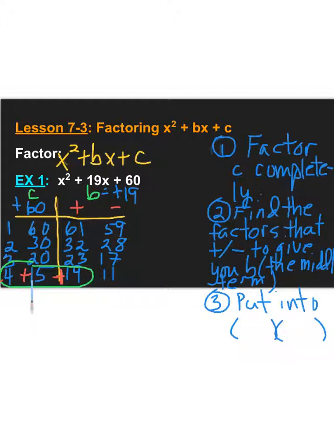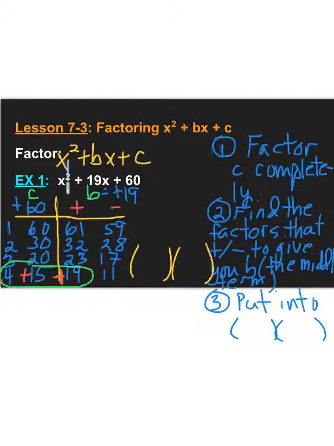Now there is a shortcut, and this is our shortcut. Normally from here we'd have to do some factor by grouping, but anytime there is no coefficient in front of the squared term, we can take our answer and drop it into parentheses. So here's our set of parentheses for our answer, and the first slot in each of these parentheses come from the factors of the first term in our trinomial.